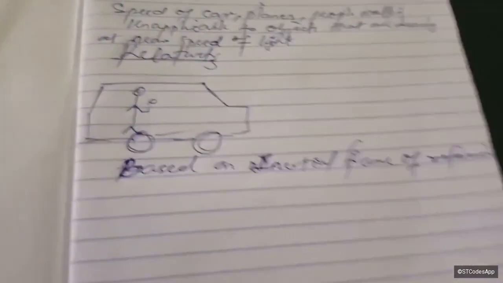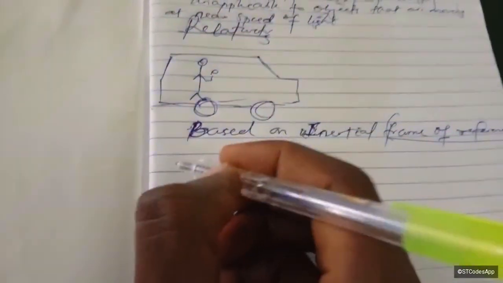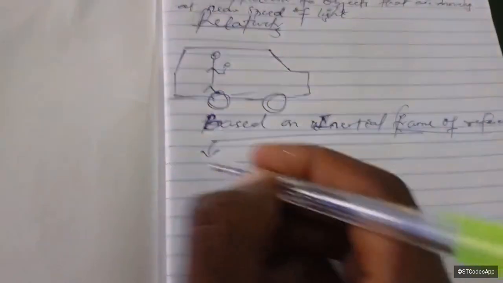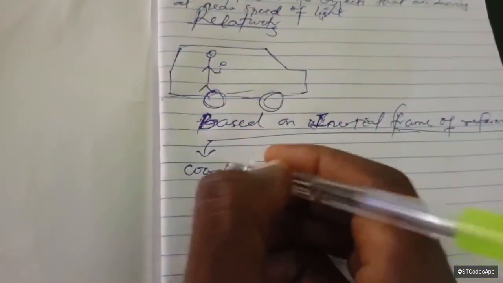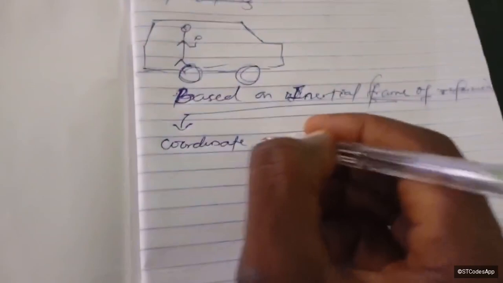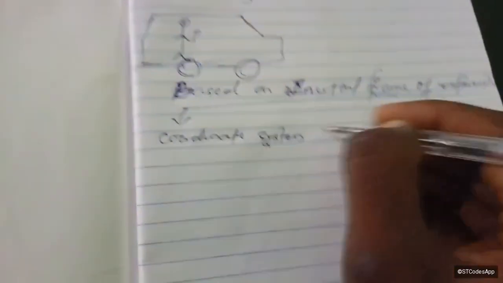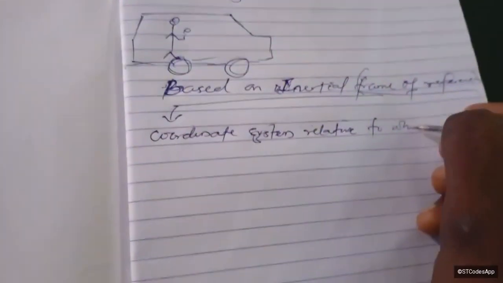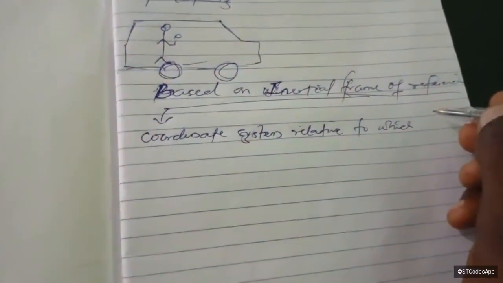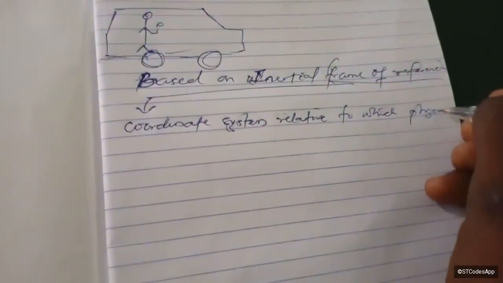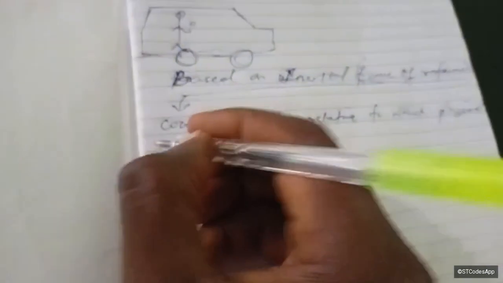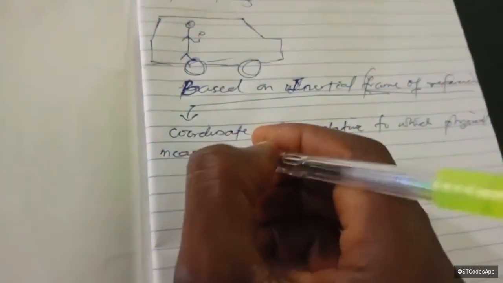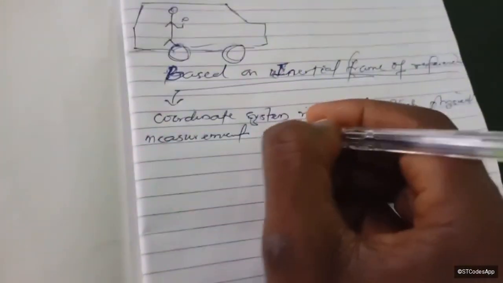A reference frame, or a frame of reference, is basically a coordinate system relative to which physical measurements are taken.